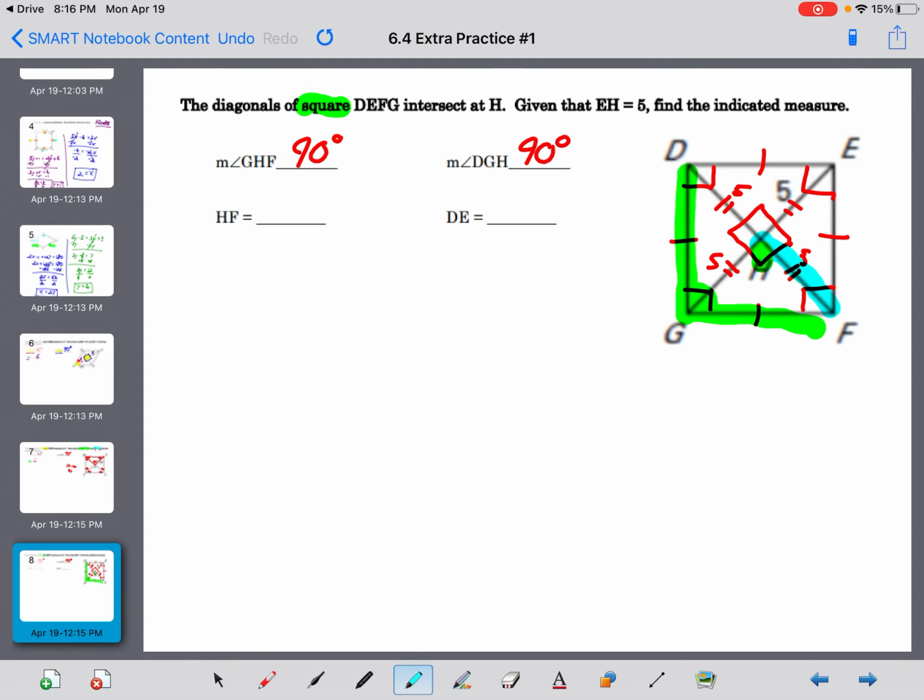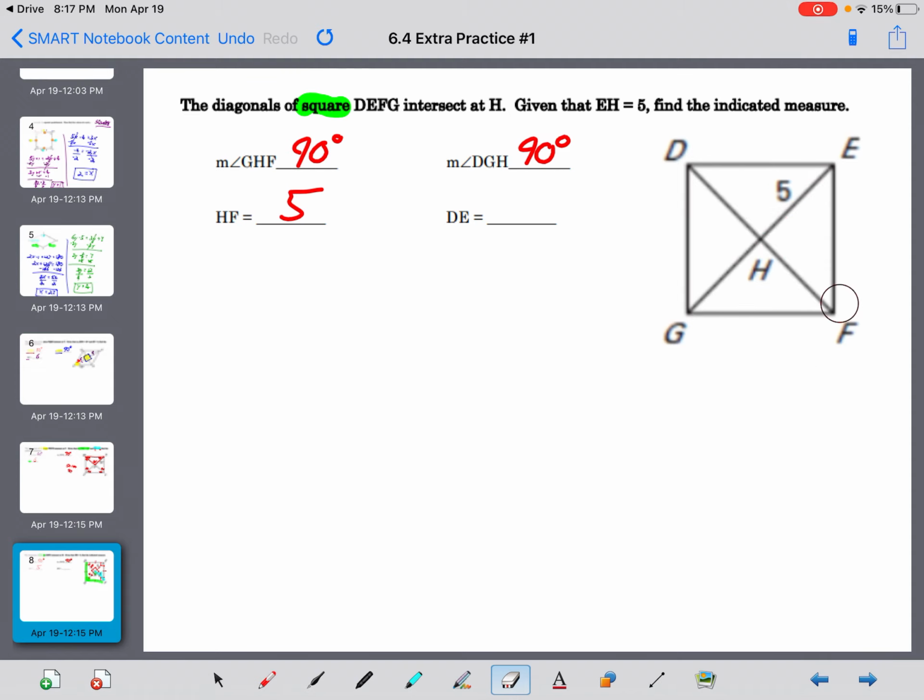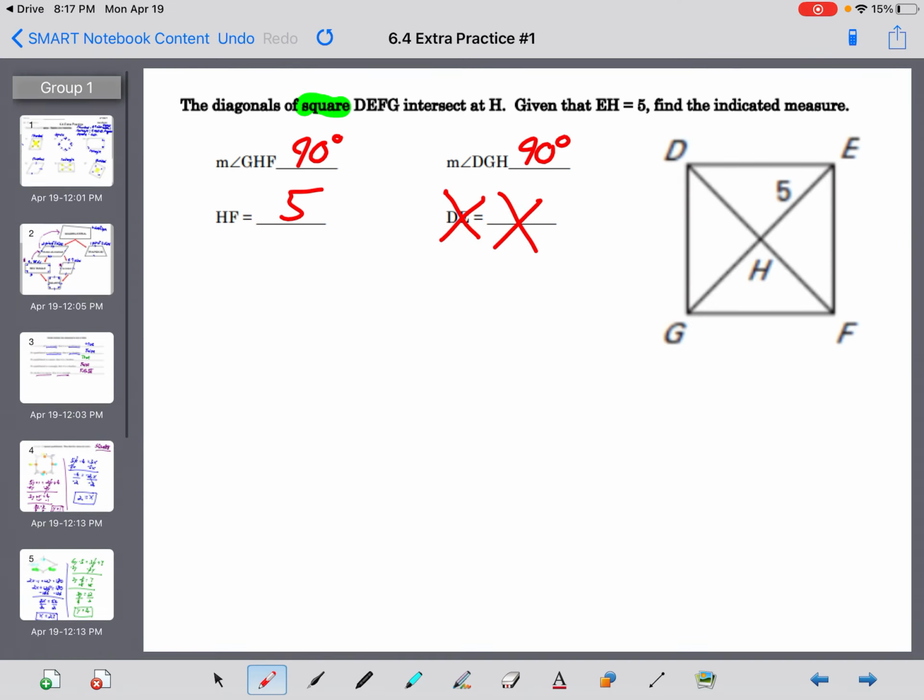That's a side, and H is the center, to F is the outside. We said that was 5. And DE is the length of one of the sides. Well, let's see. Go ahead and cross this one out because I did not teach you guys this rule yet.